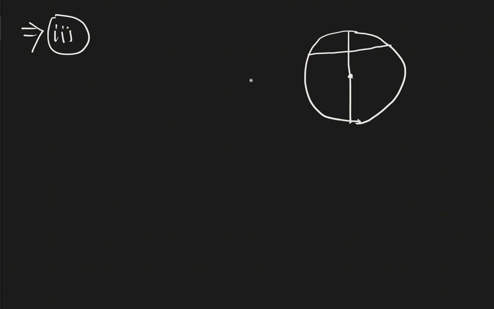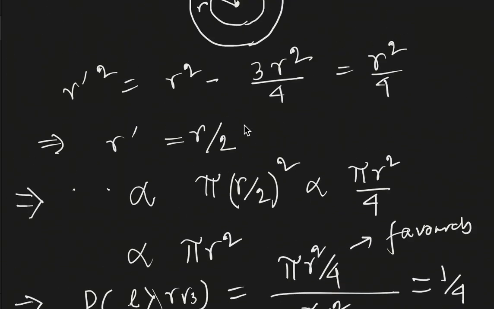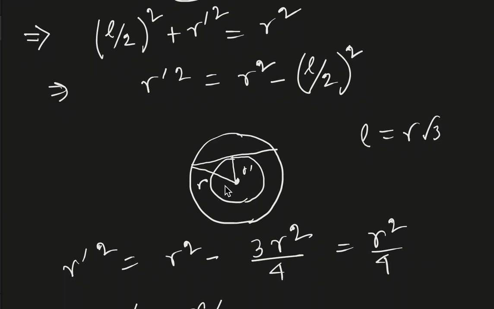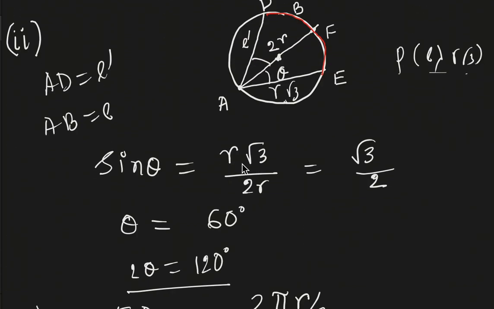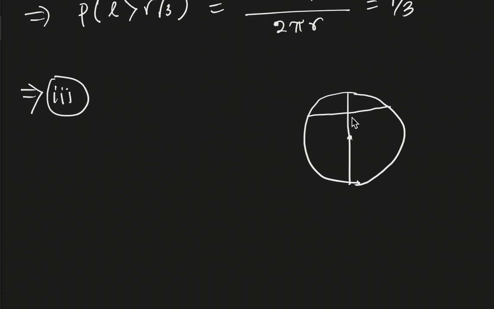So now from the first way of calculating that probability, we know that this is r prime. If this length is r by 2, then the length of this chord will be r root 3. That we already know.